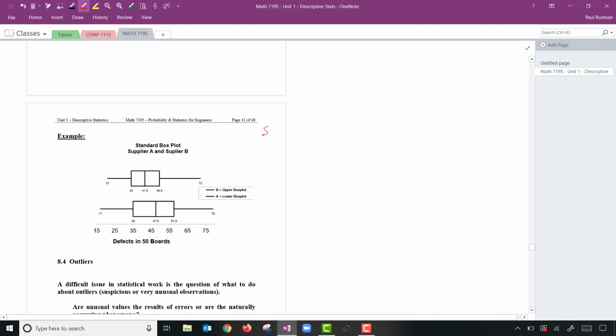For supplier B, we had just found that Q1 was equal to 34. The median was 41.5, and the third quartile was 49.5. These were all defects per 50 boards.